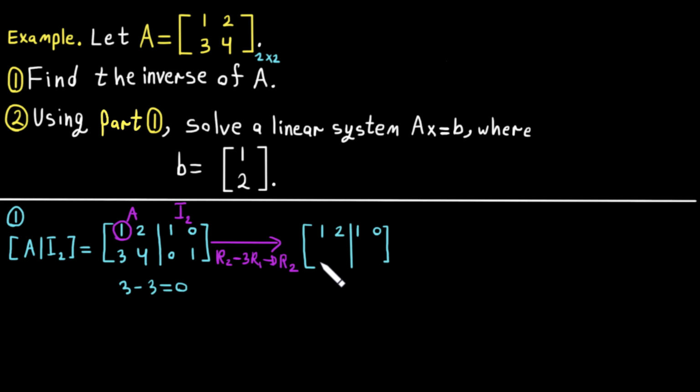So here I have to write 0. Then 4 minus 3 multiplied by 2, which is 6. So the answer will be negative 2.